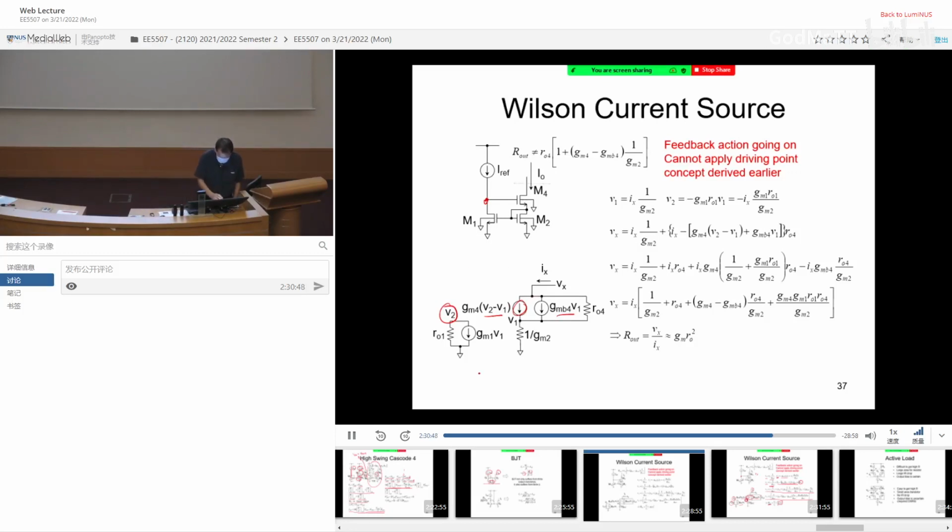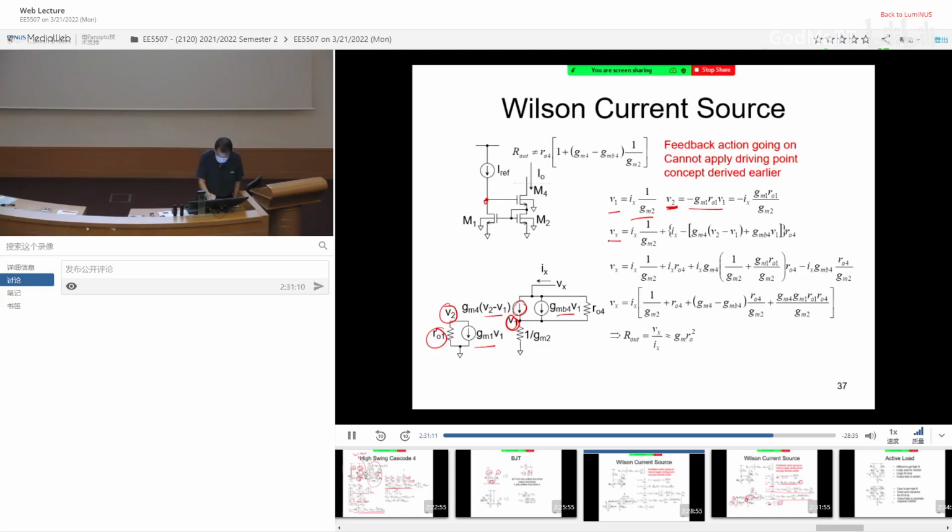Based on this structure, your V1 is simply given by Ix multiplied by 1/gm2. So this is the Ix, and this is 1/gm2. Now your V2, once you establish V1, you get the current source multiplied by r01. That is how you establish V2.